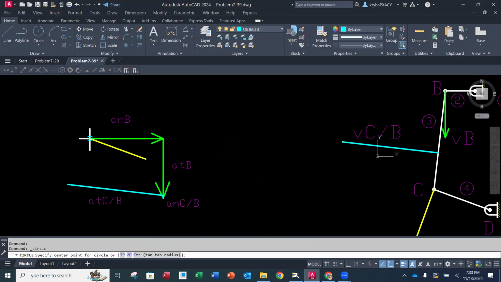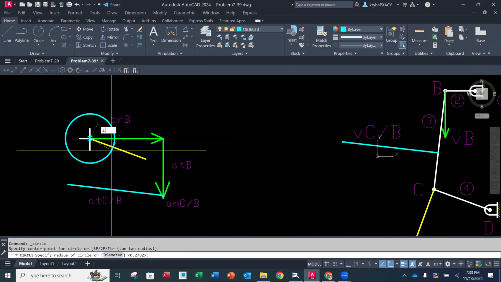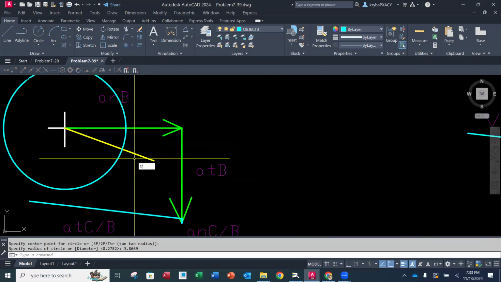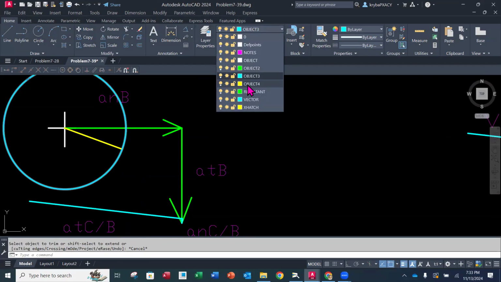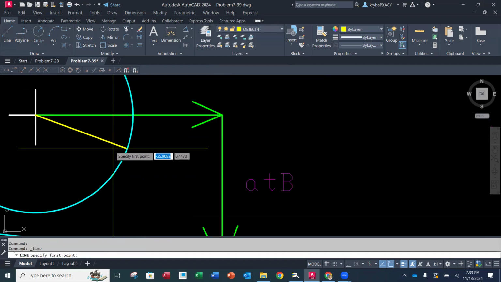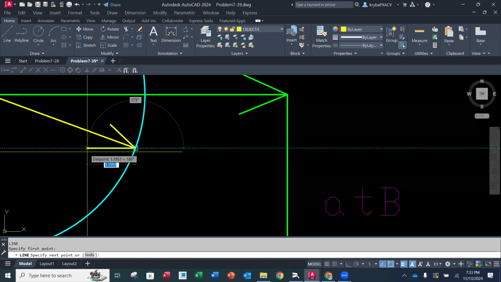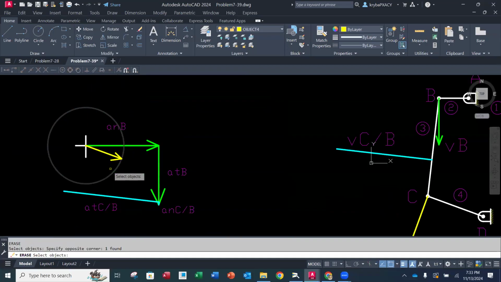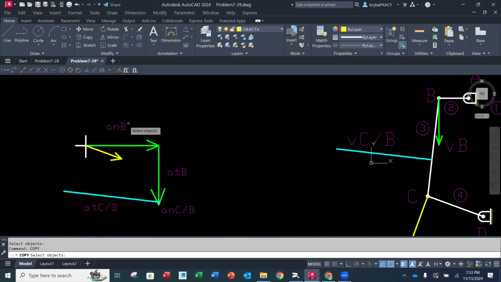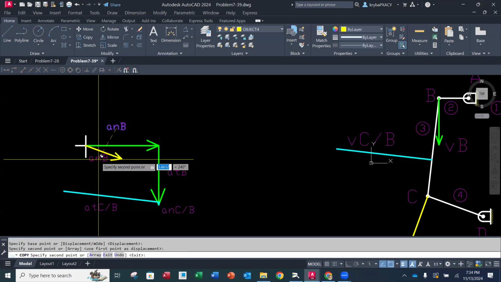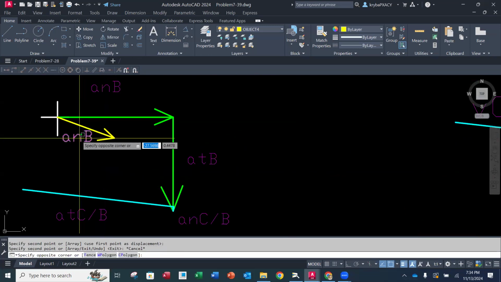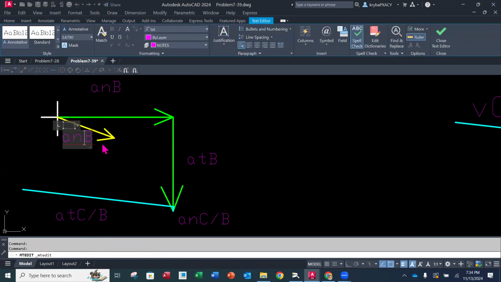So I'm going to do a radius here of 3.8669. There we go. And I'm going to trim this end here. And then I'm going to change to my object layer and I'm going to put my arrowheads for this one right there. And I'm going to get rid of that radius. And this is going to be my normal acceleration at C.